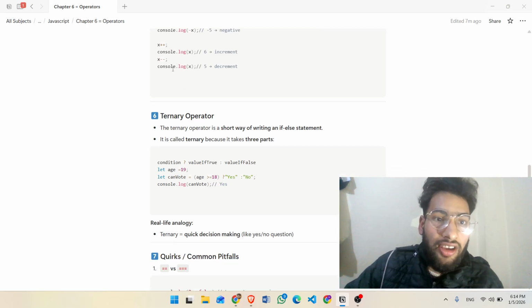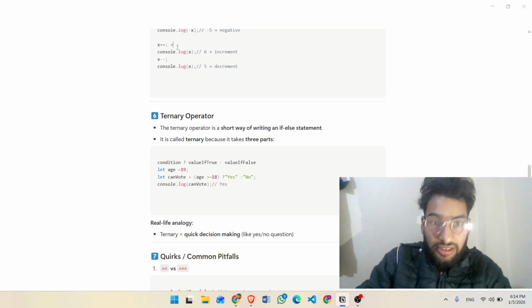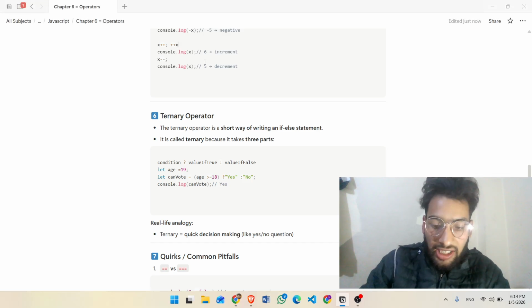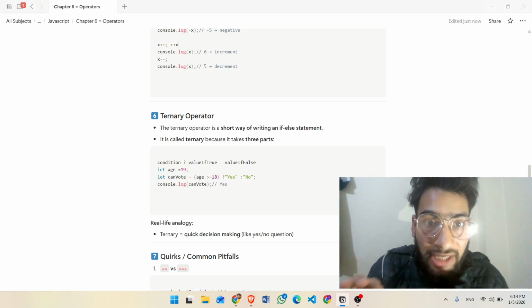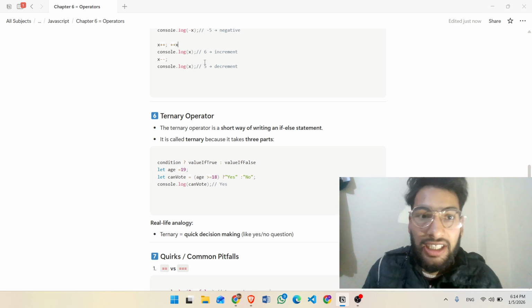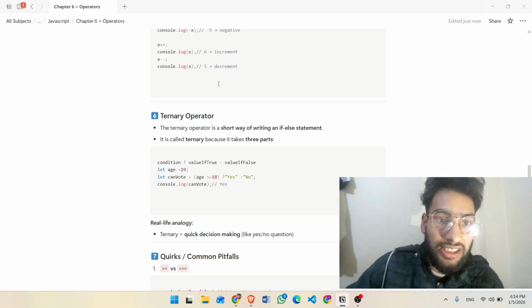And if you see plus plus x, then it first increments, then prints. Okay, don't be confused, I will tell you later what it actually is.